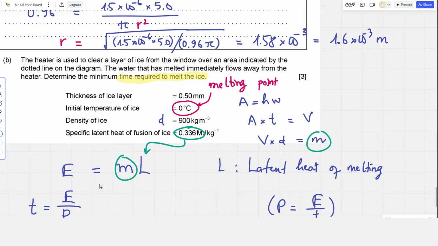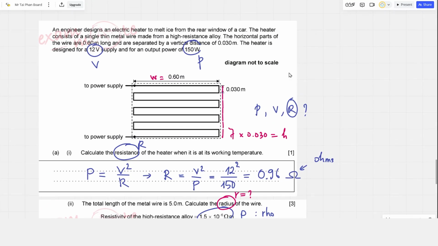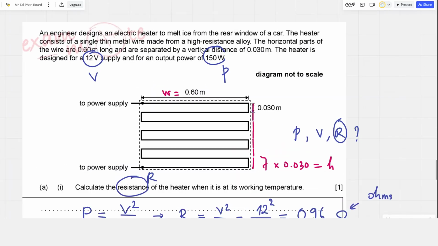The power of this heater on the windshield of the car is 150 watt.